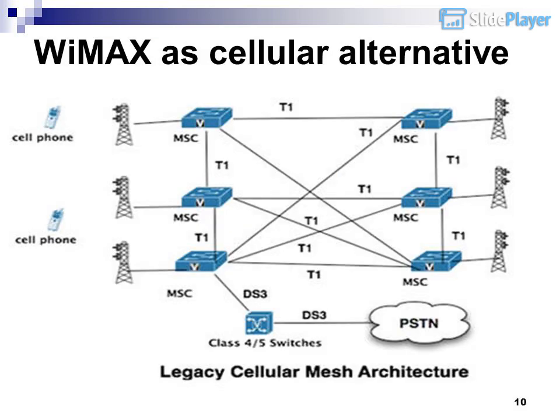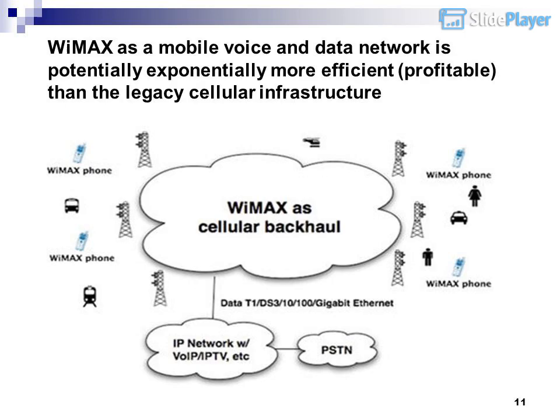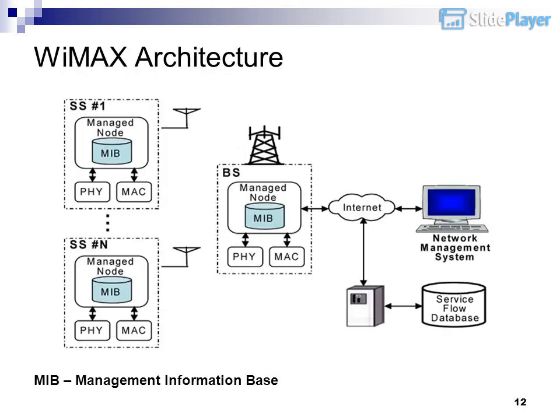WiMAX as a cellular alternative: as a mobile voice and data network it is potentially exponentially more efficient and profitable than the legacy cellular infrastructure. WiMAX architecture, MIB, Management Information Base.